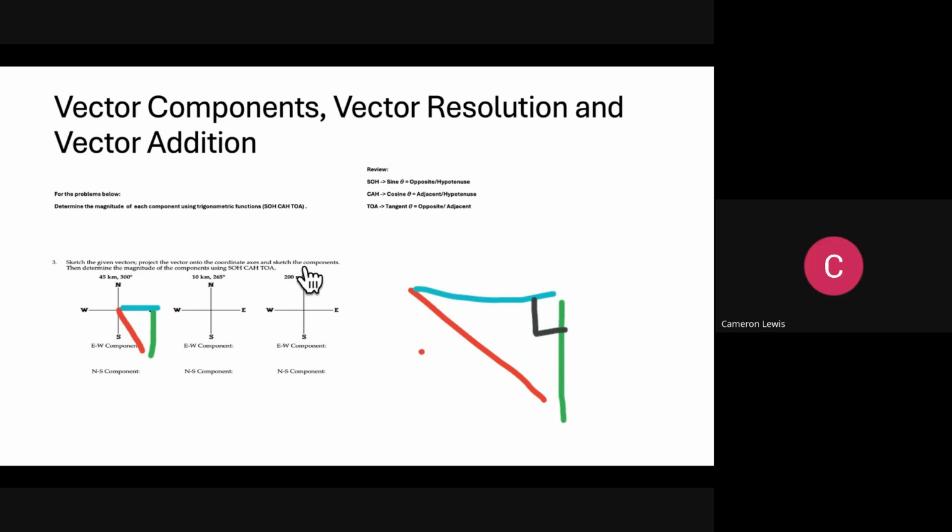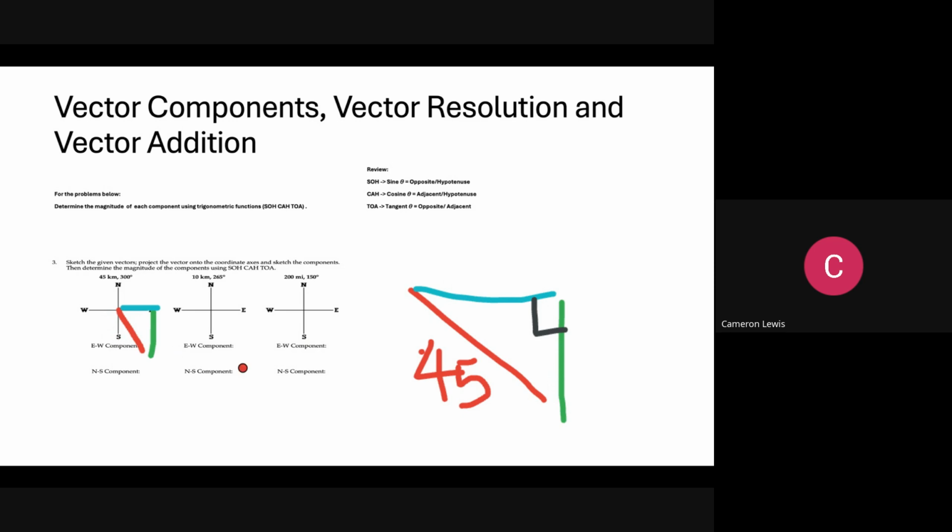Now let me take the values and add them to it. This 45 is our resultant, so this side is 45. When we measure our angle, we measure it based off of the horizontal line at 0 and then the angle in between.